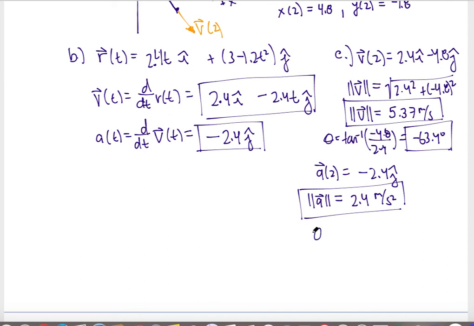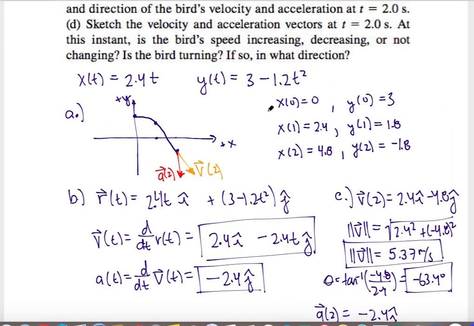And my angle, I'm not going to do any math here either, because if it's only in the j direction, that means it is going straight down. So my acceleration vector is straight down at the 2 second mark, which means that the angle would be defined as negative 90 degrees. So you can see we have two different directions for our velocity and acceleration vectors.